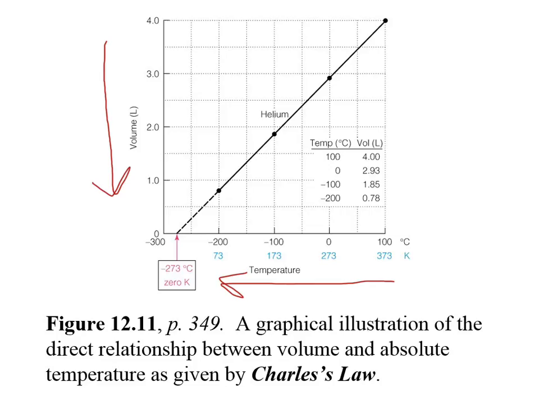And at some point, like I said, you have a volume of 0. Now that volume of 0 corresponds to a temperature of negative 273 degrees Celsius. It also corresponds to a temperature of 0 Kelvin, which of course is absolute 0.